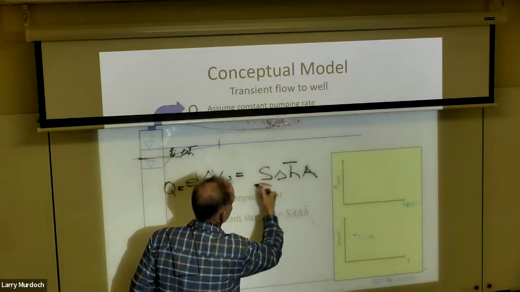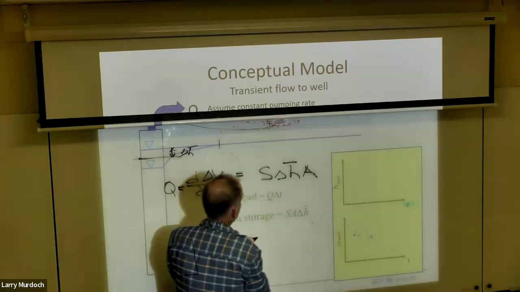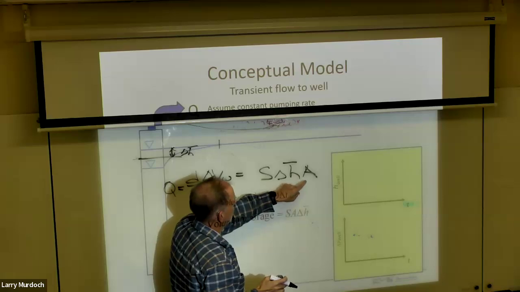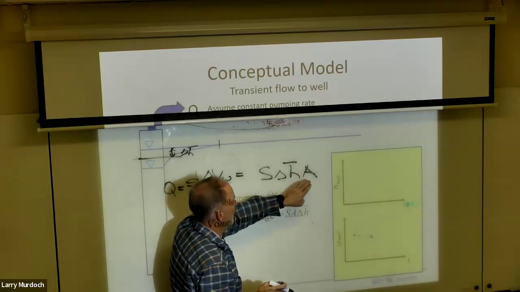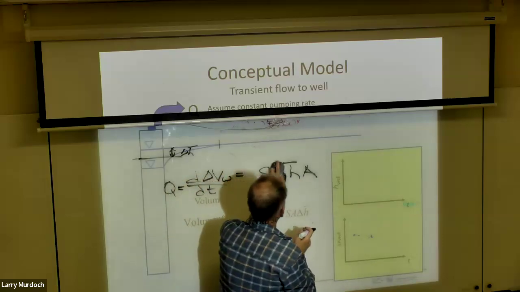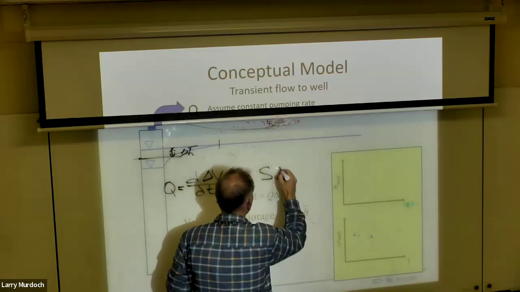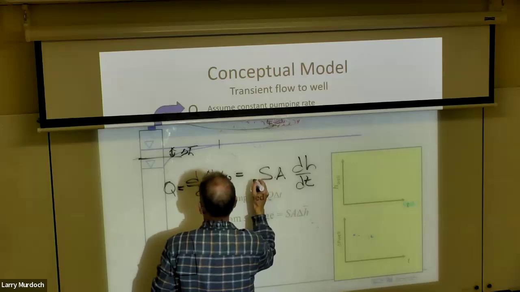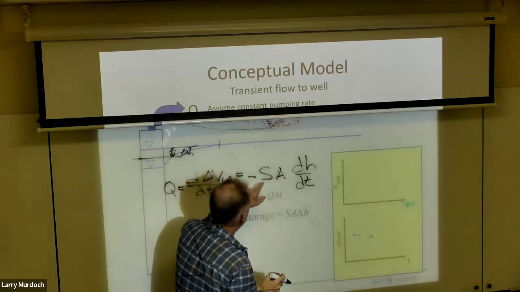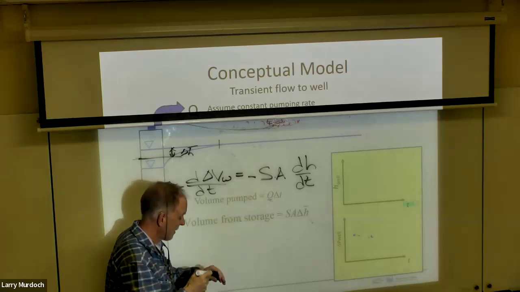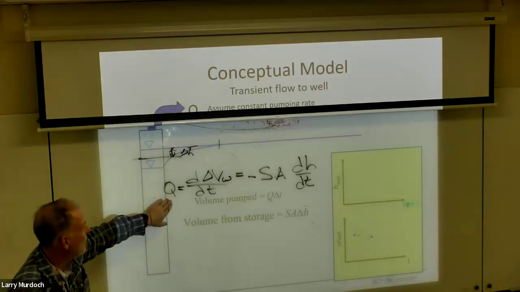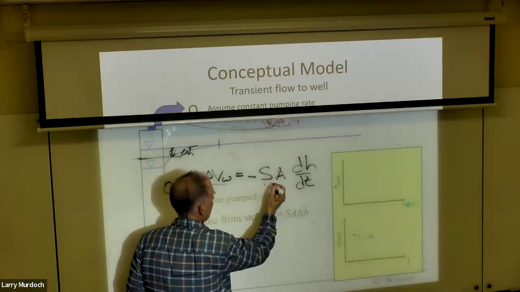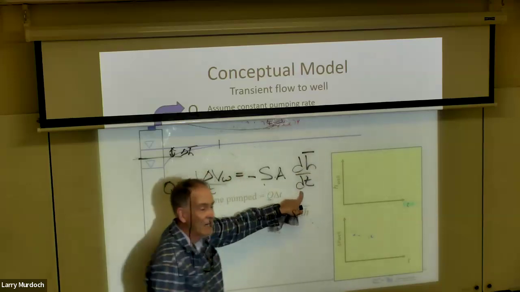And if we take the derivative of this, then that's going to be constant. Just to simplify this, let's hold this constant. It's actually changing a bit, but to keep it simple we'll just do this. And we're going to need that because this was defined in terms of head drop. So the flow rate is going to be equal to the storativity times the area times the rate of change of the head.